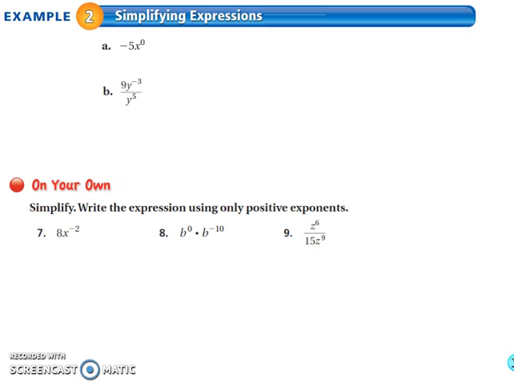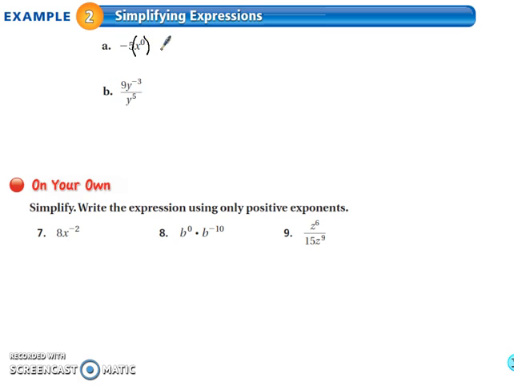To simplify expressions now that are composed of a few different pieces, including a variable, we're going to go ahead and deal with our exponents first. So here I have negative 5 times x to the 0 power. So this is really negative 5 times, and then I'm going to group that x and the 0 together to make sure that I'm not including that negative 5 on the exponent of 0.